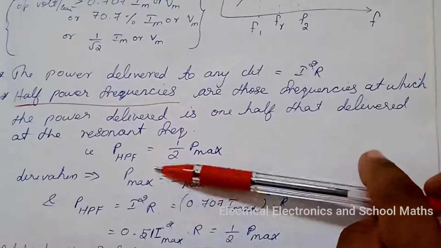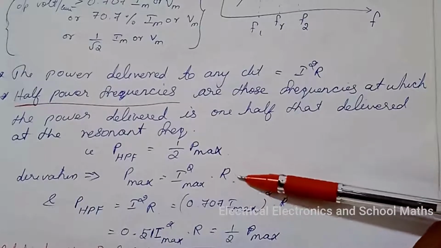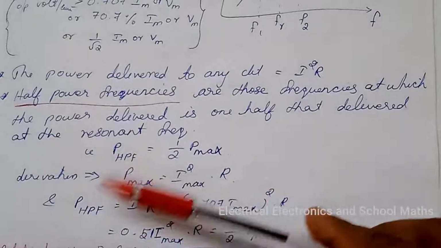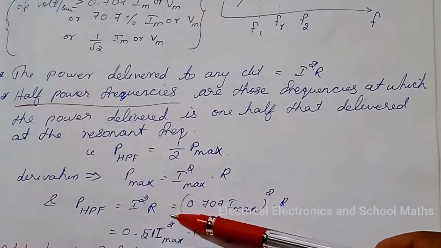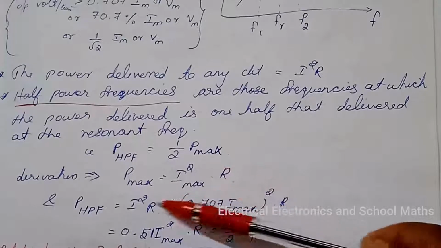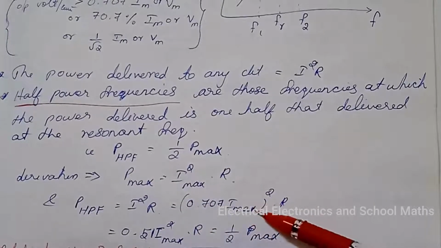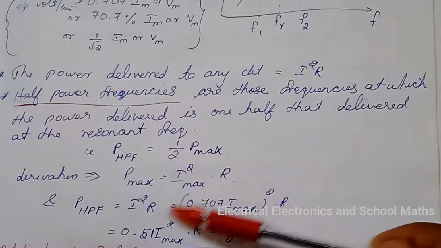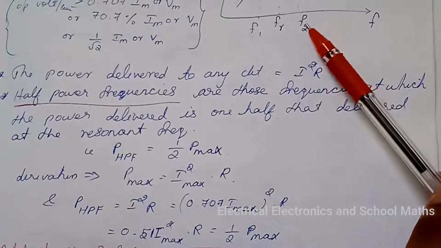We know P max equals I max square into R, and P at half power frequency equals I square R. Put I equal to 0.707 times I max at F1 and F2.